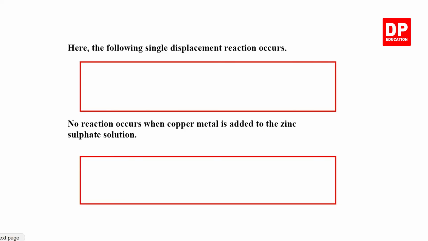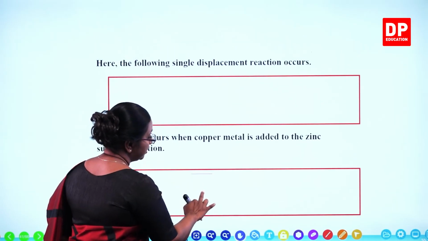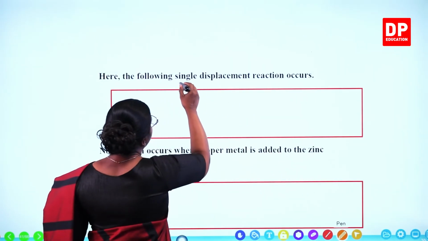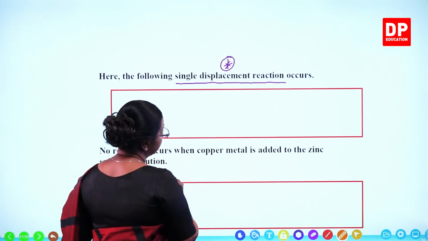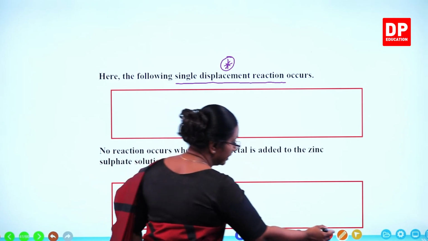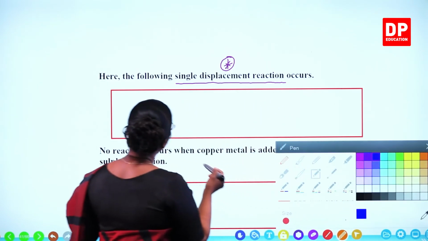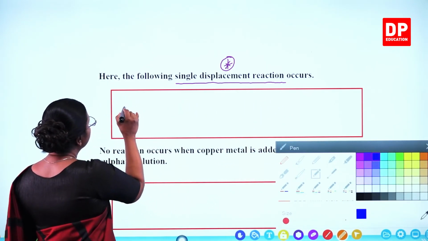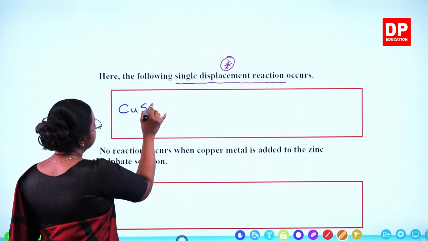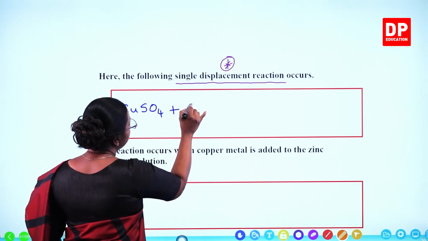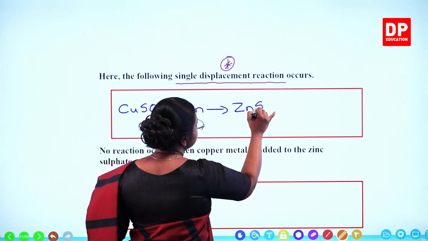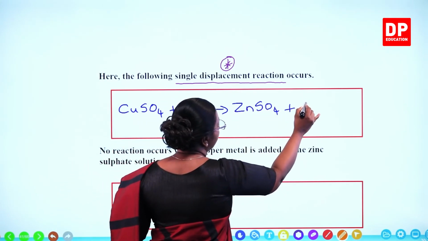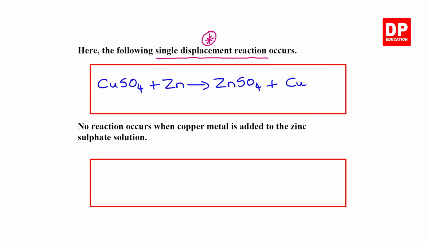Here the following single displacement reaction occurs. So, this is again related to the activity that we did. Here also it is a single displacement reaction. Why? When we had copper sulfate, we put zinc into it, we get zinc sulfate and copper being displaced.